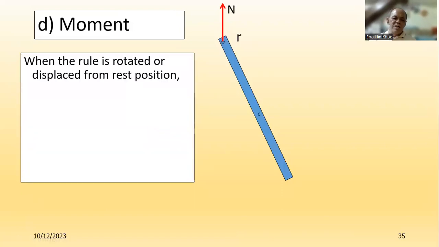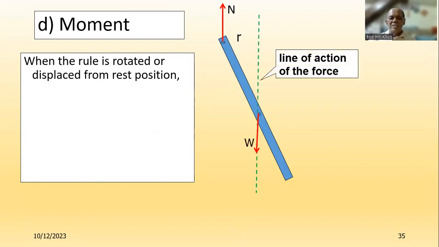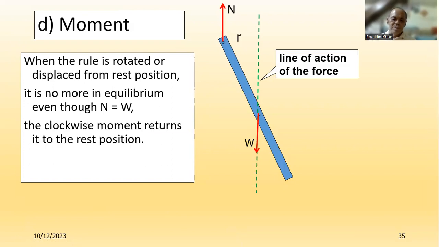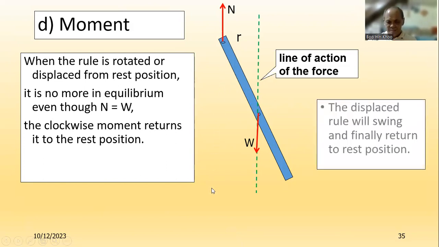When the ruler is rotated or displaced from the rest position, this is the line of action of the weight. It's not in equilibrium, even though N equals W. The clockwise moment will swing it this way. Call it clockwise, following the clock. So the clockwise moment wants to return the ruler to the vertical rest position.